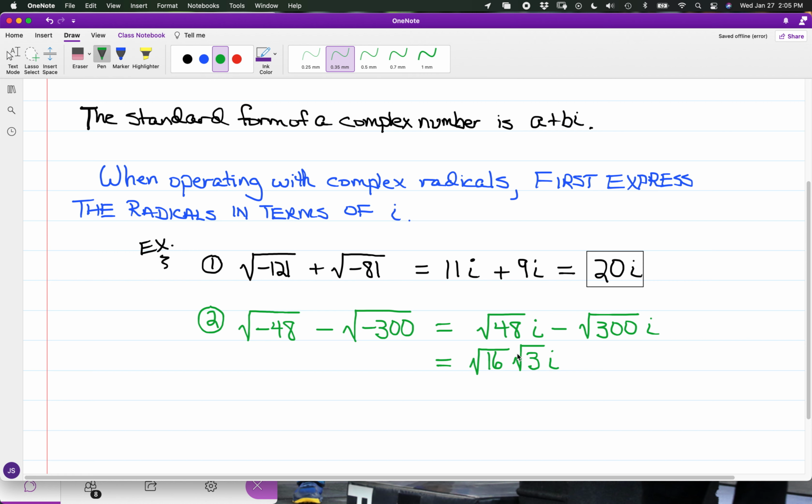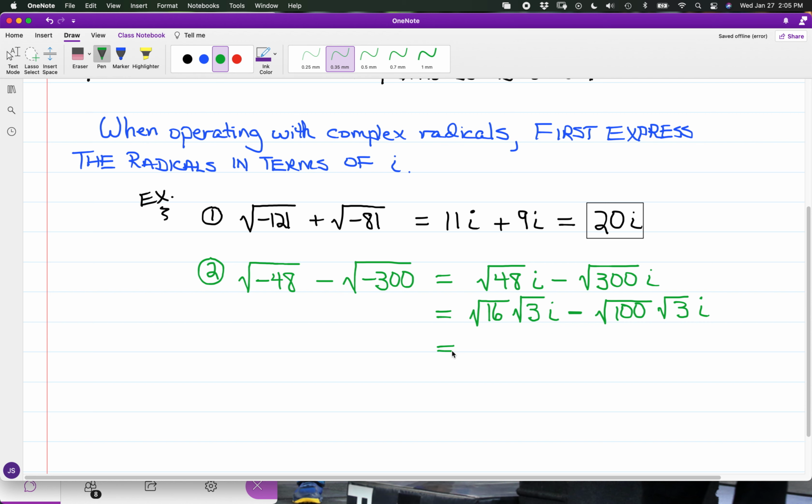So if I draw it out, you can see we have the square root of 16 times the square root of 3, and you have i alongside. And for the square root of 300, the highest perfect square that is divisible into 300 would be 100. So we can express it as the square root of 100 times the square root of 3 times i.